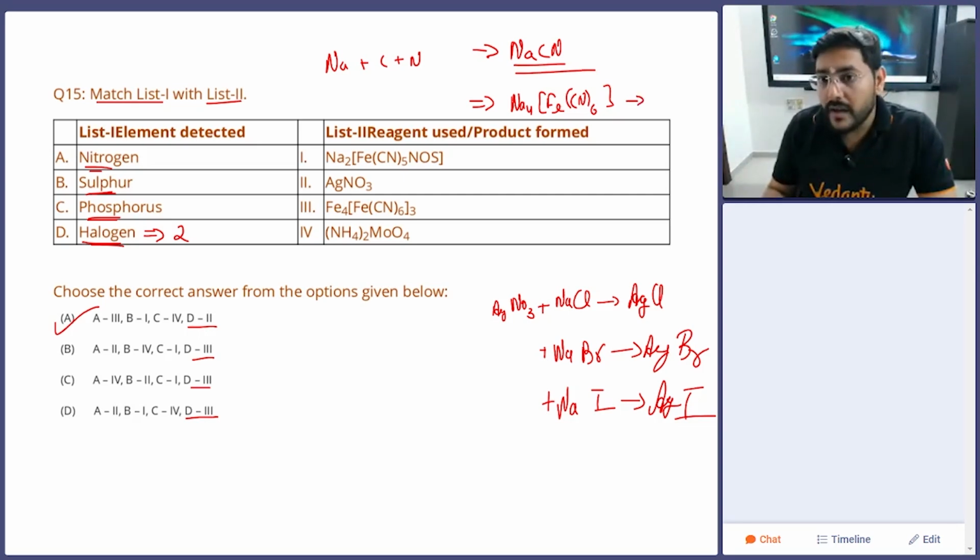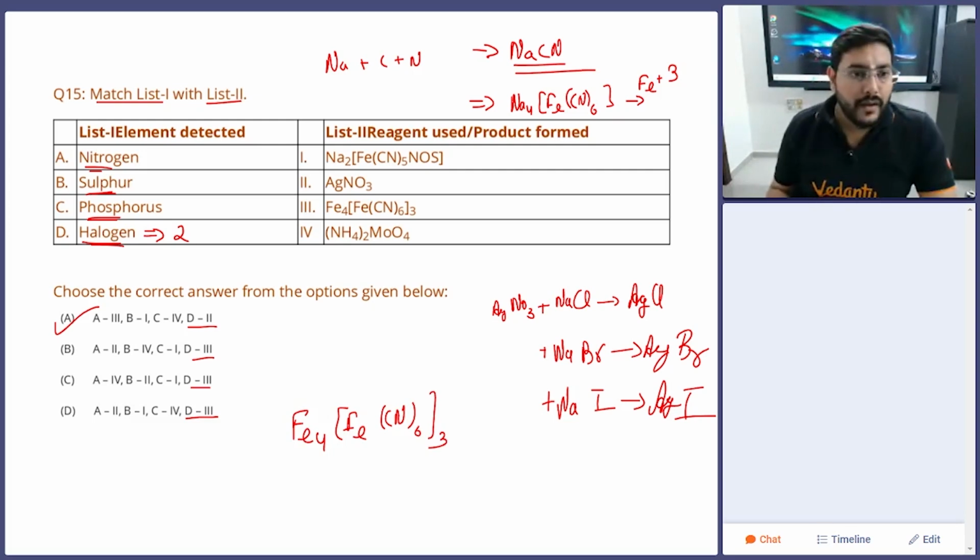That will give you what, beta? Prussian blue color. Yes or no? So we are going to get Fe4[Fe(CN)6]3. Okay. Now this is for A, which will match with third. Okay. Now sulfur, what are we going to get? Purple color, with Na2[Fe(CN)5NOS].